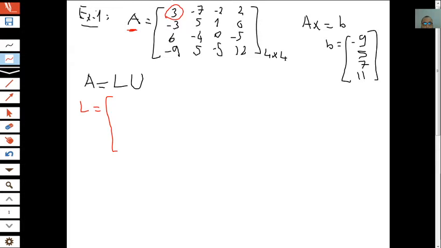When we divide the first column of the matrix A, since we have the first pivot position in this column, to find 1, we divide this column by 3. So we obtain 1 for the first entry in the first column. We have minus 1 for the second entry. Similarly 2 and minus 3. So this is the first column of the matrix L.